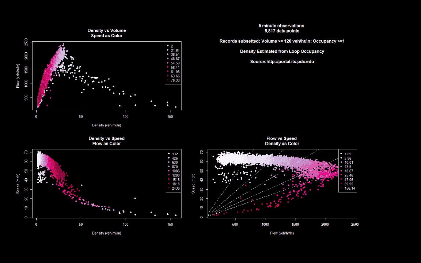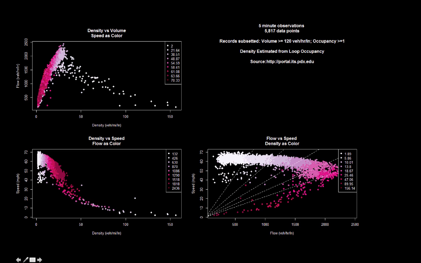We do measure real traffic data, and this slide shows real data measured from a freeway corridor. And on the upper left-hand side here, we have a flow density plot. So that was the one that was kind of like a parabola. So in this particular case, there are a lot of data points over here on the left-hand side.